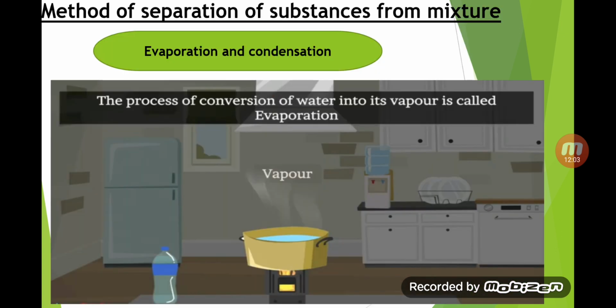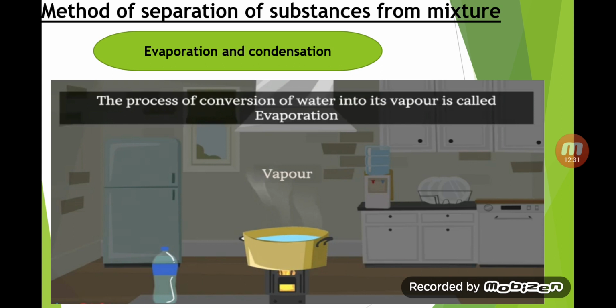Here I am going to give some more examples of how to separate constituent particles from a mixture. Suppose I have given you a mixture of salt and water, meaning you will get a solution of salty water, and I ask you, please, I want to get back all the salt which is dissolved in water.